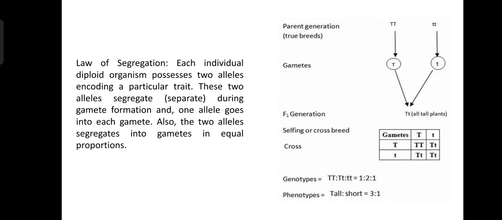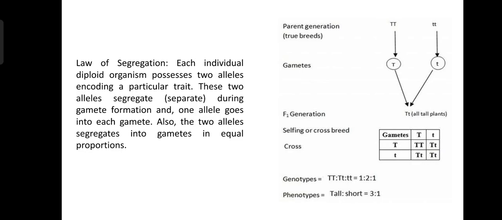And among the 4 possible genotypes, 3 of them will give the tall phenotype, that is the observable trait, the trait that we can see. So we have 4 genotypes, but we have 3 tall plants and 1 short plant. So this is basically what the law of segregation is.